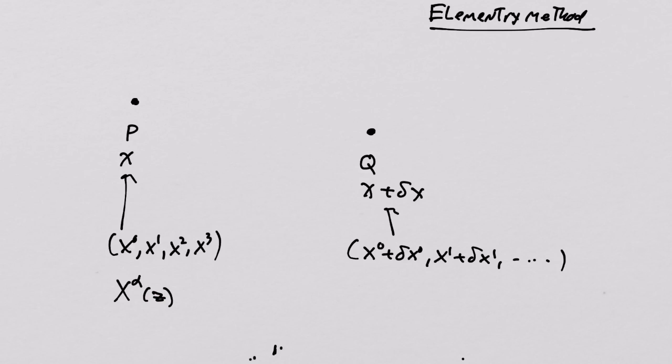So the components of a vector field at the point of a coordinate z. Therefore, the components that this vector field puts at the point P is going to be X alpha of little x. And the components that this vector field puts at the point Q is going to be X alpha of x plus delta x. And so those 2 vectors already exist because we have a vector field stipulated to go on top of the manifold.